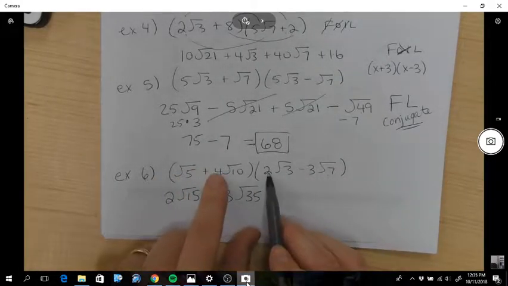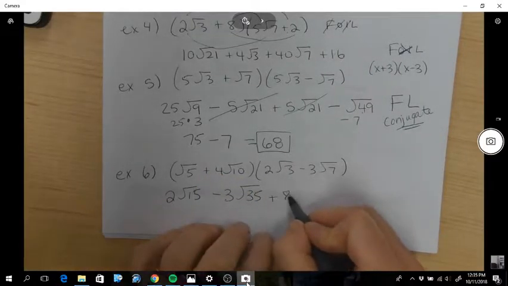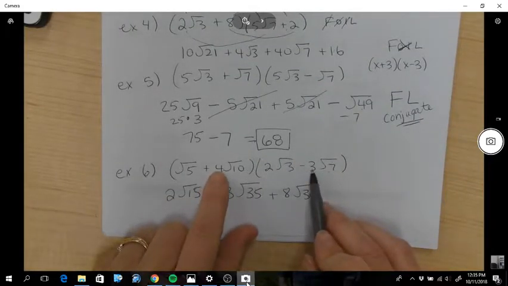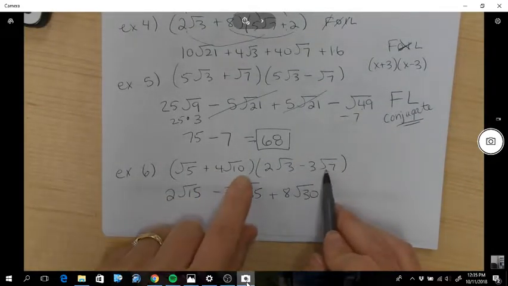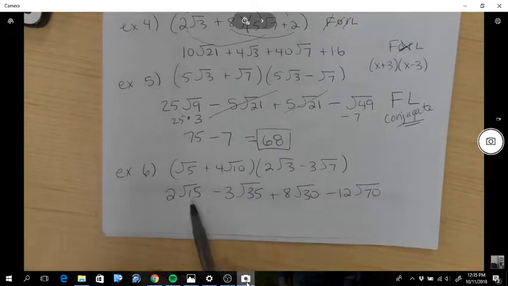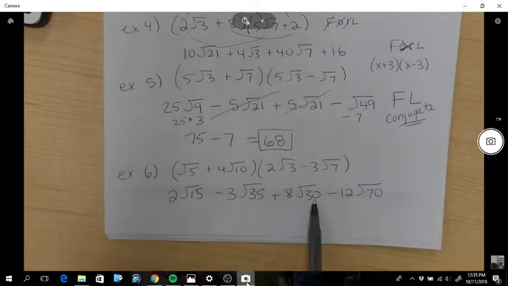Insides, coefficient 8, radical 30. And the last, coefficient negative 12, root 70. Any similar ones? Nope. Any ones that we can break down? No. So then we are done.